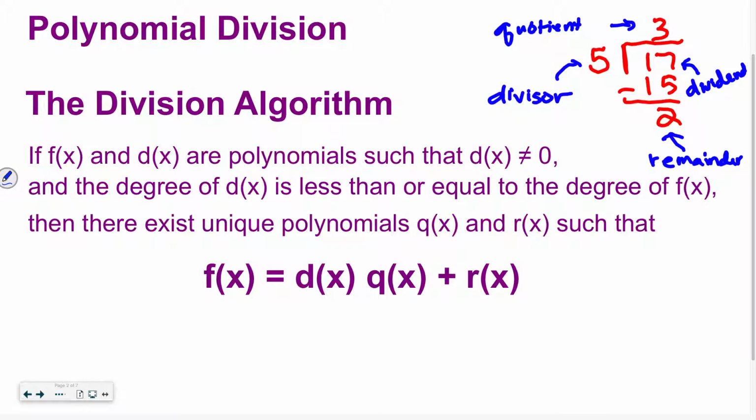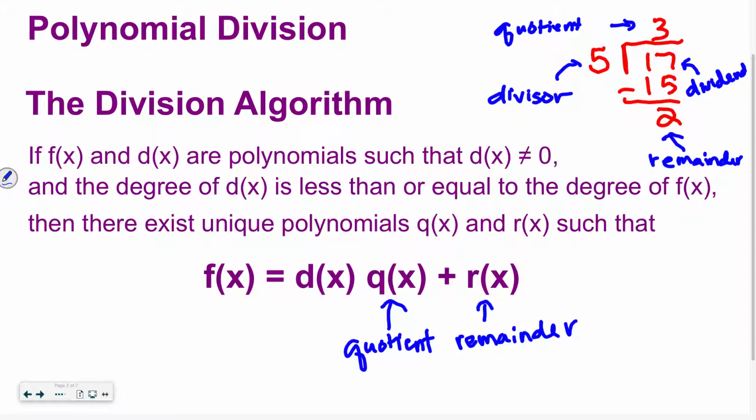So if you recognize that those are the parts of the division problem, notice in my division algorithm where I'm describing all my polynomials, there's a d of x, a q of x, and an r of x. So those things are describing some of the parts. Like this r of x is really just your remainder polynomial. Q of x is your quotient polynomial.